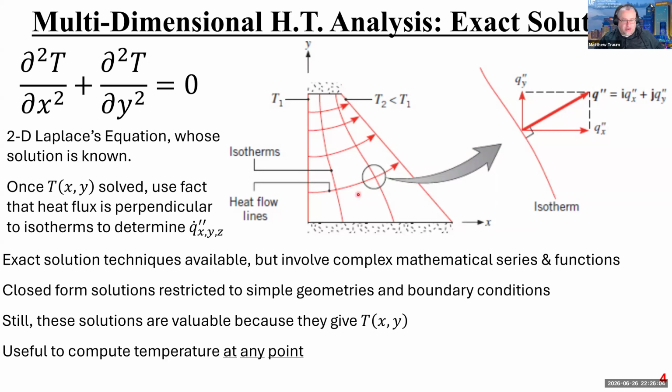These lines of heat flux are curving because this line is vertical and this line is more of a trapezoidal shape. And so it's going to create a two-dimensional temperature field, which is then going to create a two-dimensional heat flux, at least in terms of its direction. So pretty cool.